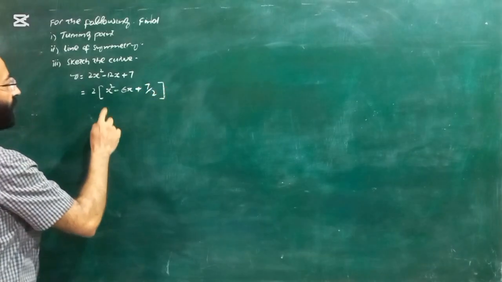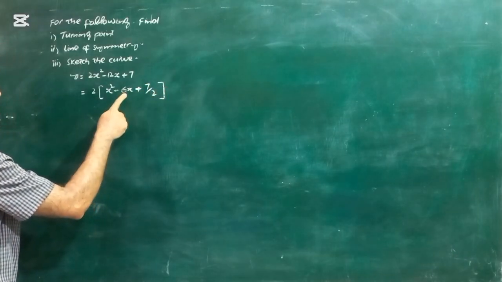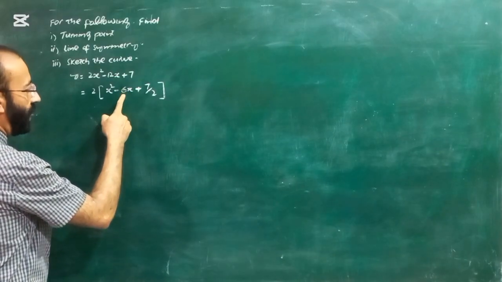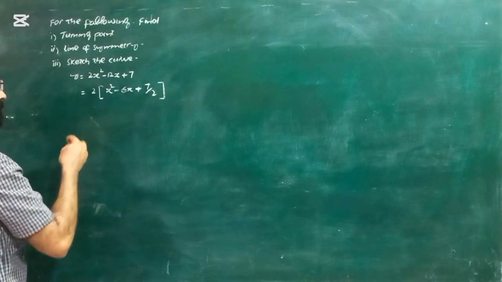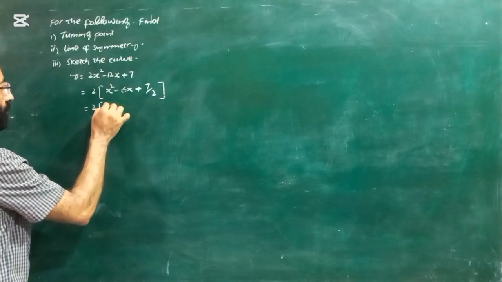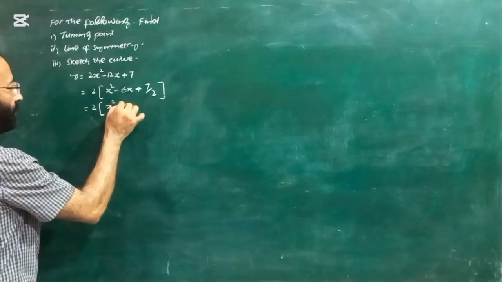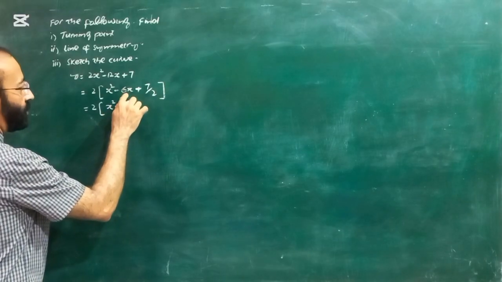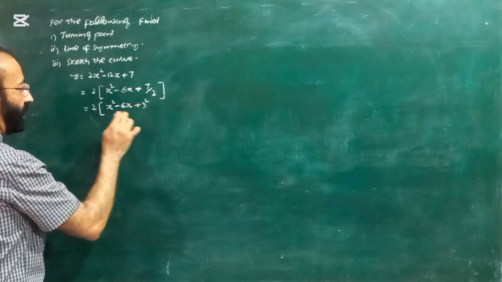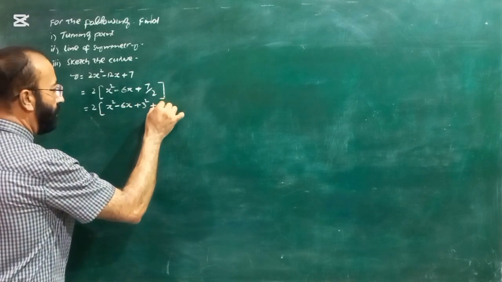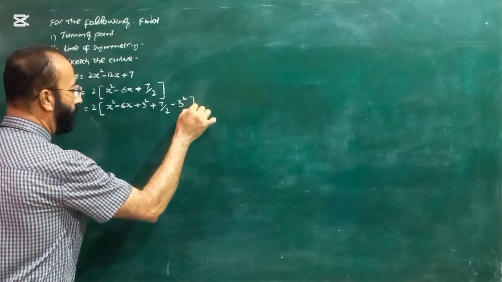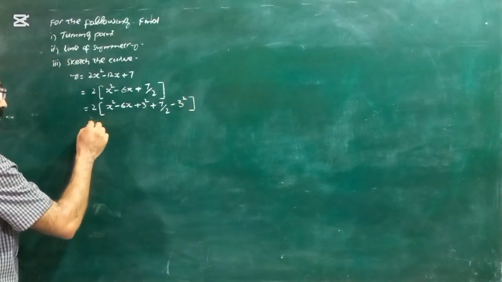The next step will be to take the coefficient of the linear variable, make it half, that will be 3, take its square, and add and subtract it in the equation. So x² - 6x, plus 3² will be written with it, and minus 3² will be written with the constant term.